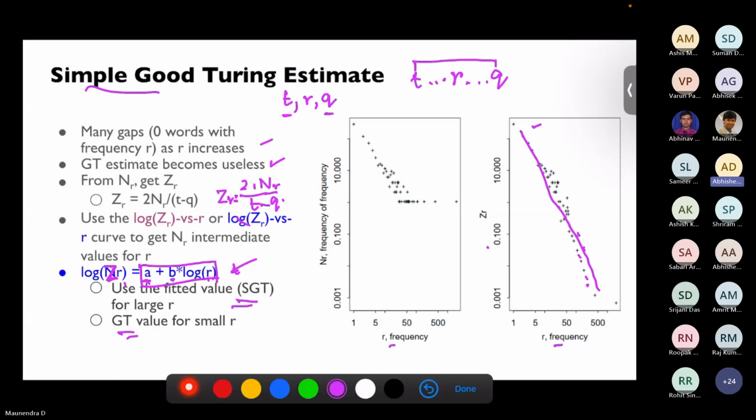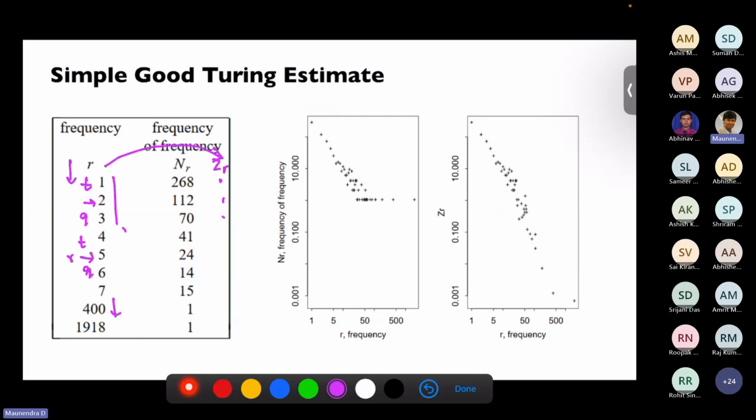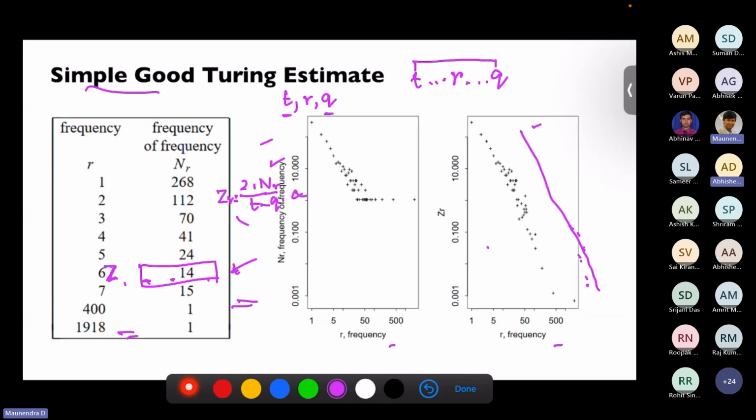Okay, but the frequency value, whatever it provides, like this R, that might have some 0 frequency in your first frequency table itself. See, from our collection, we construct this table of R and NR, and we also construct ZR based on this calculation. Now we use this to find a mapping between R and ZR.